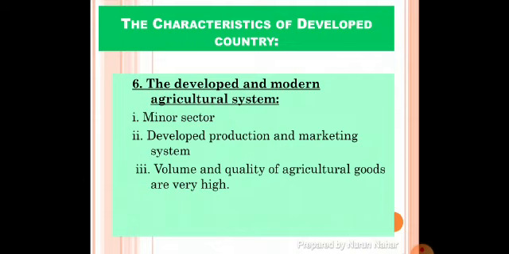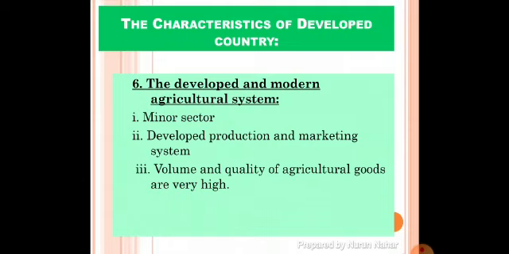The developed and modern agricultural system. Actually, developed countries are not dependent on the agricultural sector, rather they are more dependent on the industrial and service sectors. That's why this sort of country's agricultural system is a minor system.